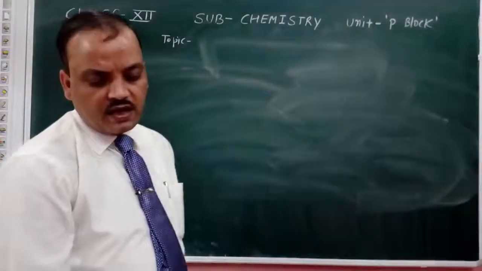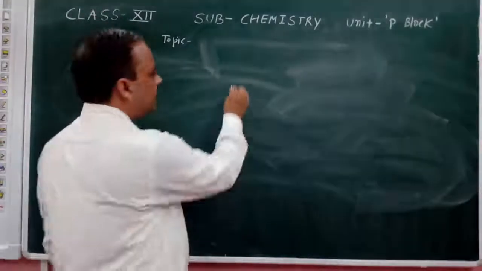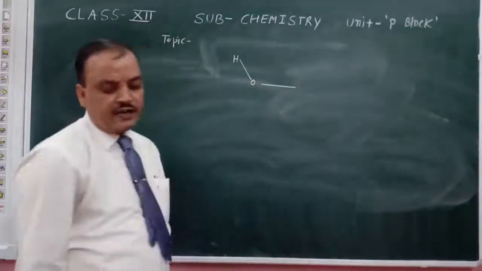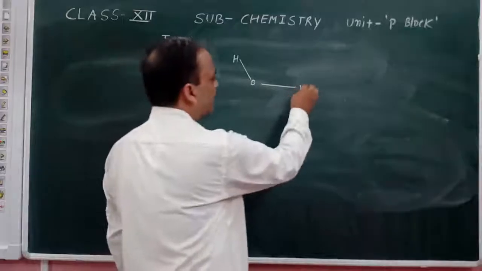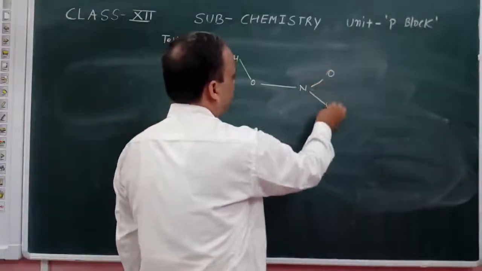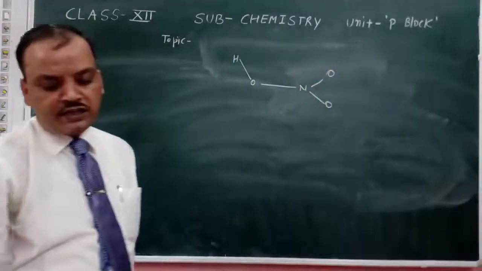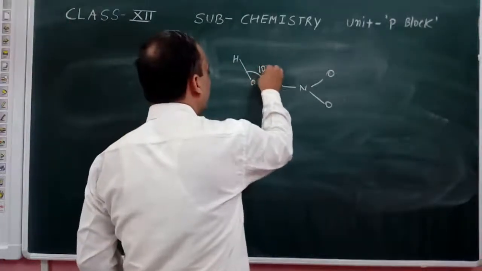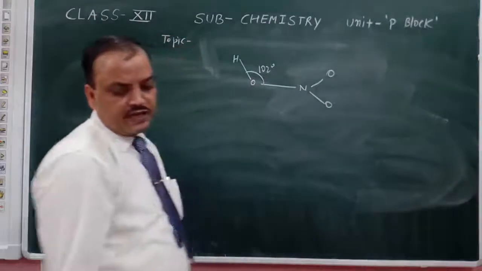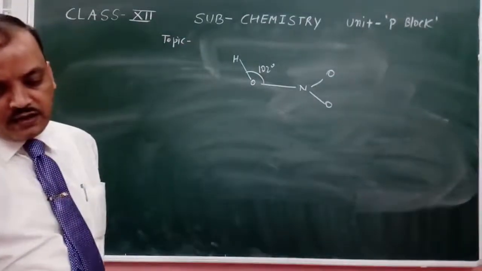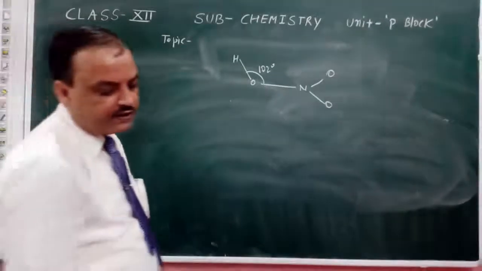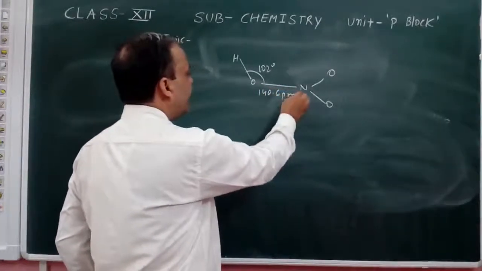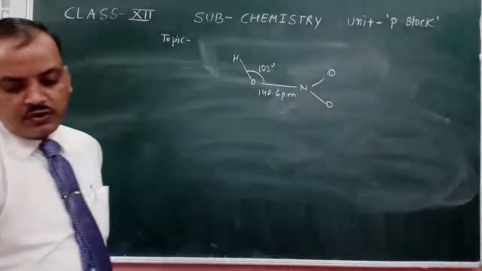In this we have oxygen, then nitrogen, oxygen, oxygen. Nitrogen is the central atom, a bond angle of 102 degrees is present, and the bond distance is 140.6 picometer in this molecule.